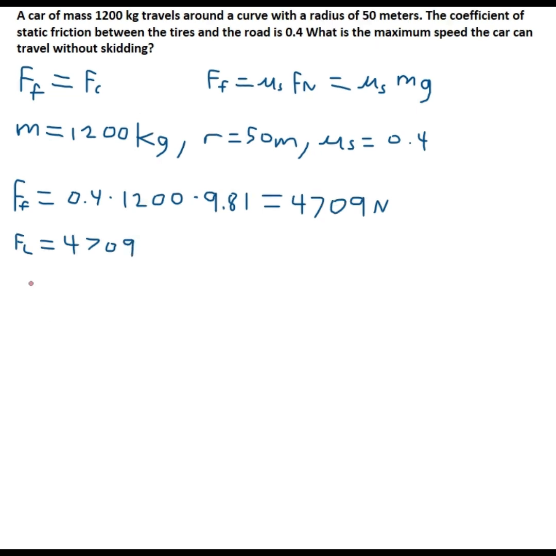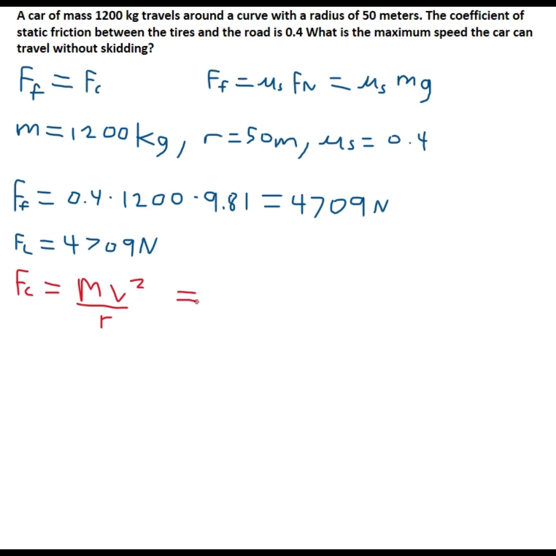Now, for the second part, let's solve for the velocity, where it'll cause the centripetal force to equal 4,709 newtons. So let's change the color to red so we can keep better track of what we're working on. If you recall, the centripetal force is equal to mass times velocity squared divided by the radius.